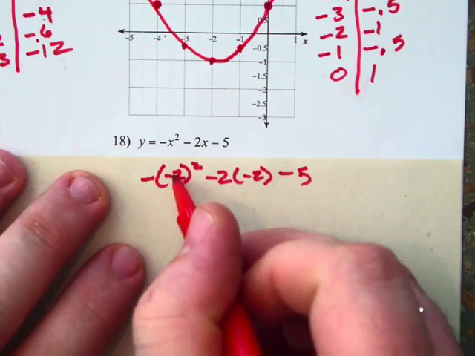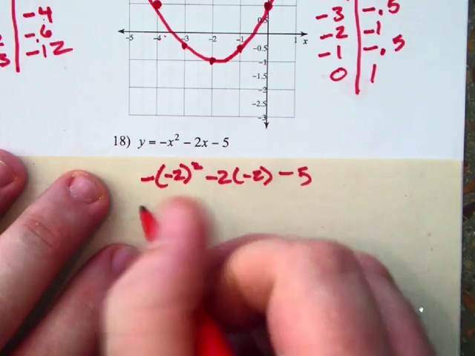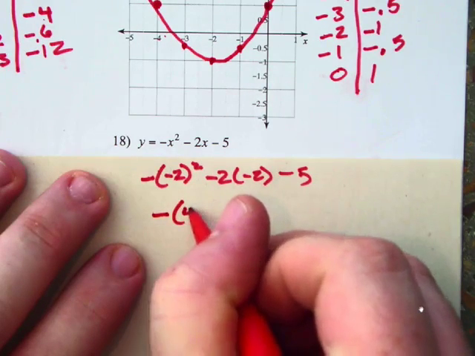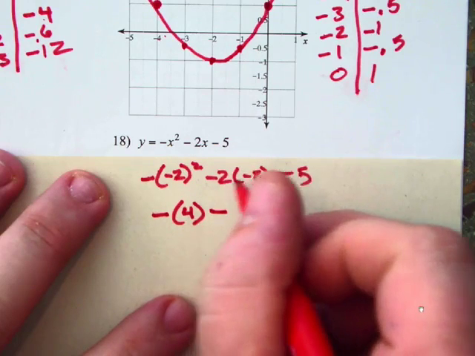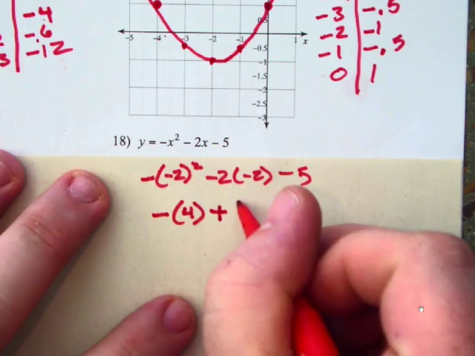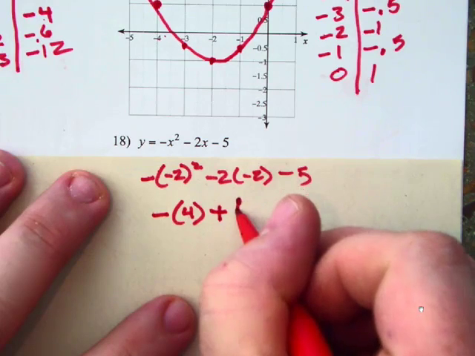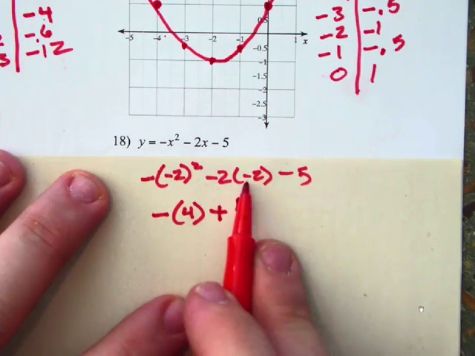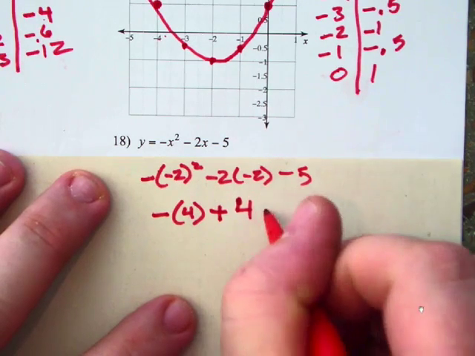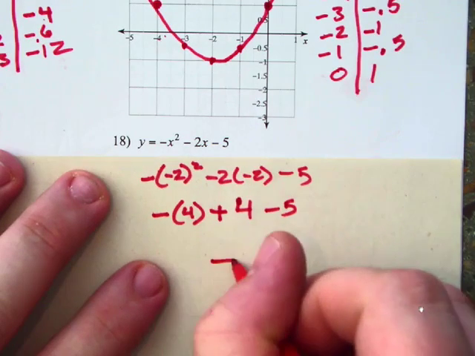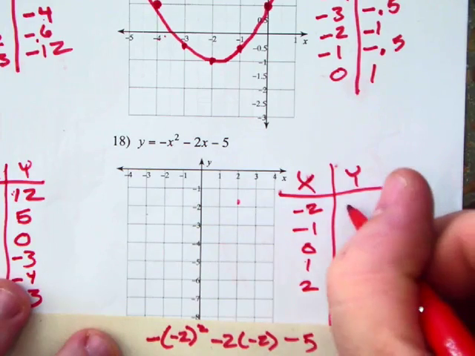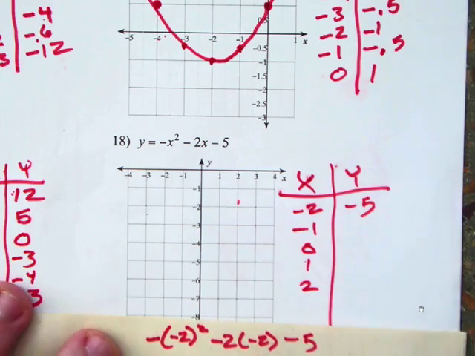So negative 2 times negative 2 is 4. So we have 4 minus, what's 2 times negative 2? Well, that's a negative 4, which is going to be plus 4 because minus a negative. Okay, and then minus 5. Negative 4 plus 4 is 0, so we have negative 5. So we have negative 5 here.